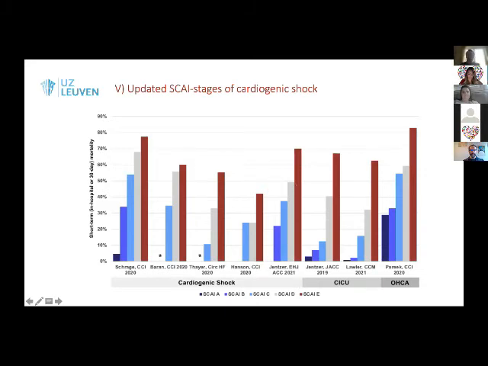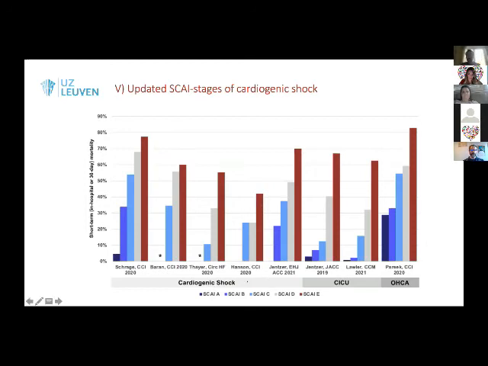We could think this is quite logical, but many, mostly retrospective, studies have been picked up in this consensus update, and they indeed confirm that the SCAI stage is correlated with the mortality of the cardiogenic shock patient.